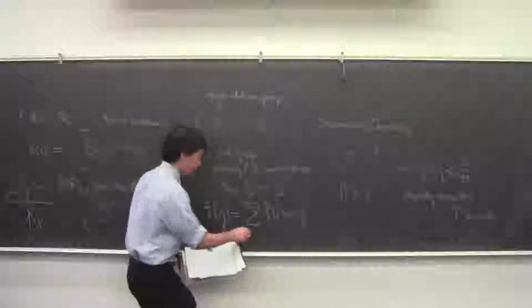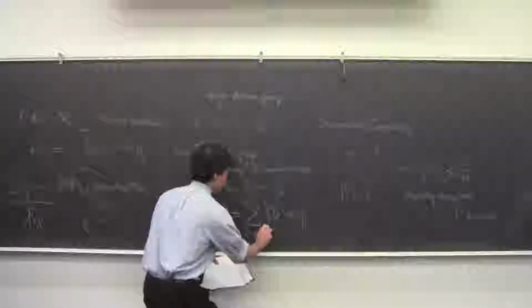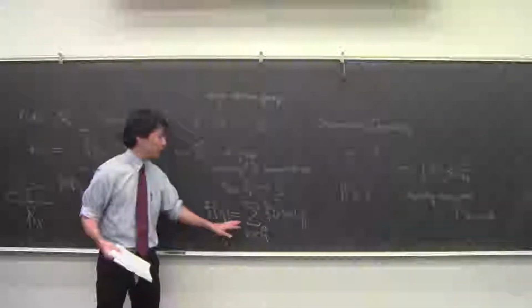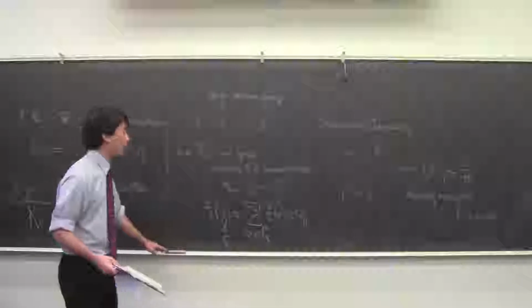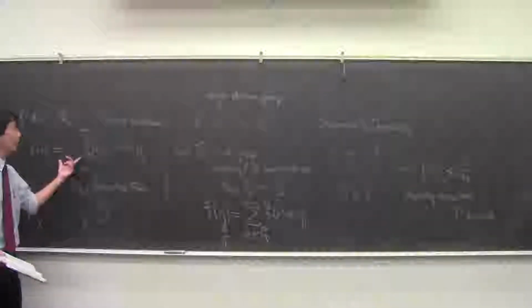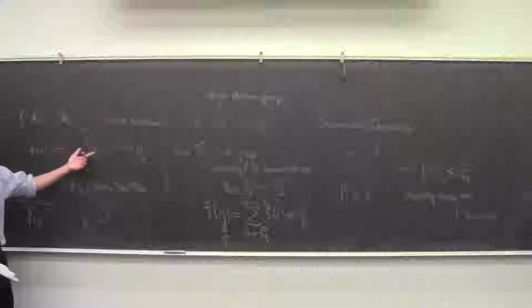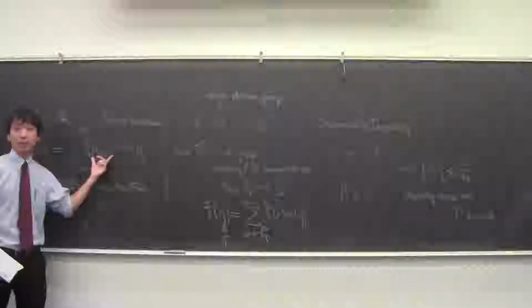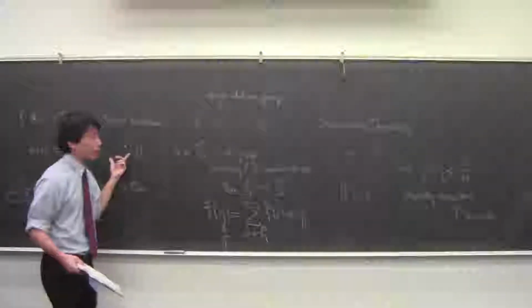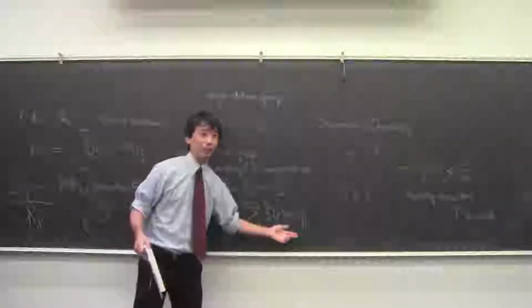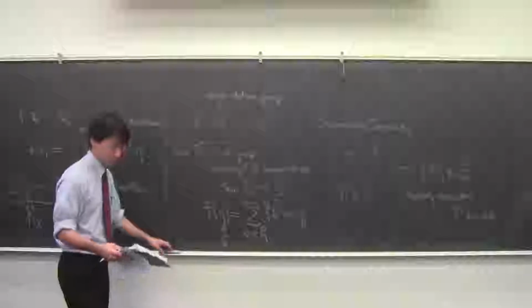As e runs over the dual group, you can have some sort of analog of this inversion formula: recovering your function by taking sums of these waves. They're not really waves, but yeah. Okay.